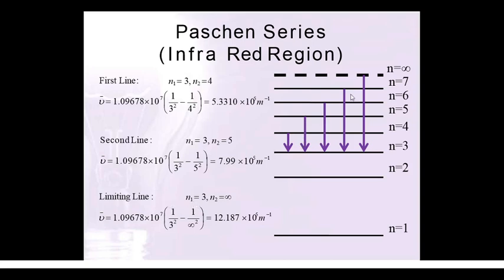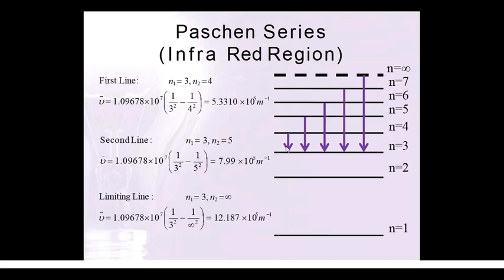Limiting line means from infinity, the electron can jump back to n is equal to 3 state. That is the limiting line. You can calculate the limiting line in all the cases, like also in Lyman and Balmer. So this is the Paschen series, which can be seen in the infrared region of the electromagnetic spectrum.